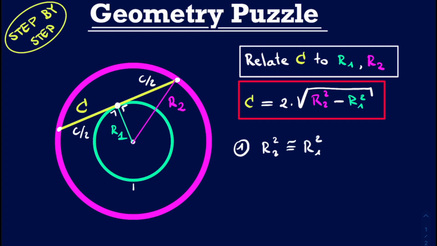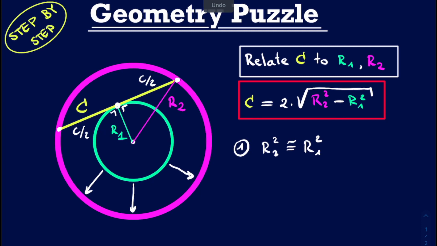Now we see from the picture that if the smaller circle expands to the size of the larger circle, this tangent line will shrink in size all the way up to 0, in fact, when the large circle and the small circle perfectly overlap. And this is also the case if we look at our formula. If these two are equal to each other, then the difference between them will become 0, and then the length C will also become 0.